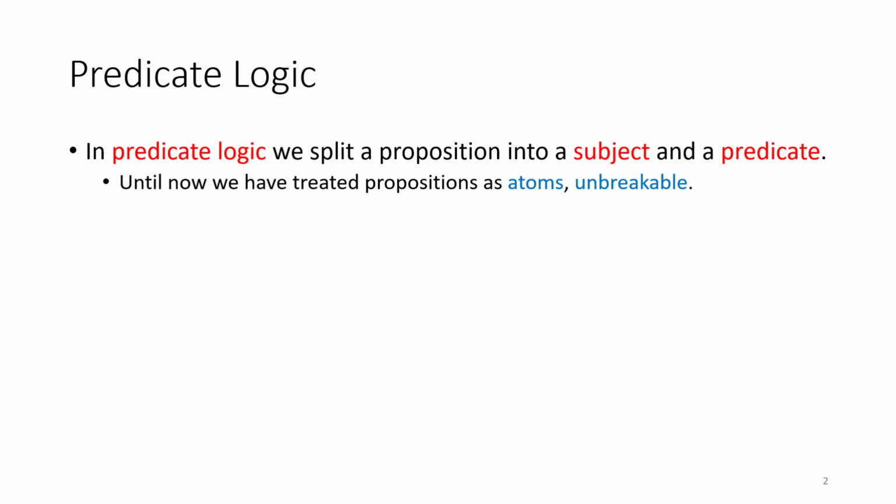So we would just give a proposition a name like P or Q or R. But now we're going to split that proposition into its pieces. So it's no longer going to be an atom. It's now going to have components. And we're going to split it into the subject and the predicate.